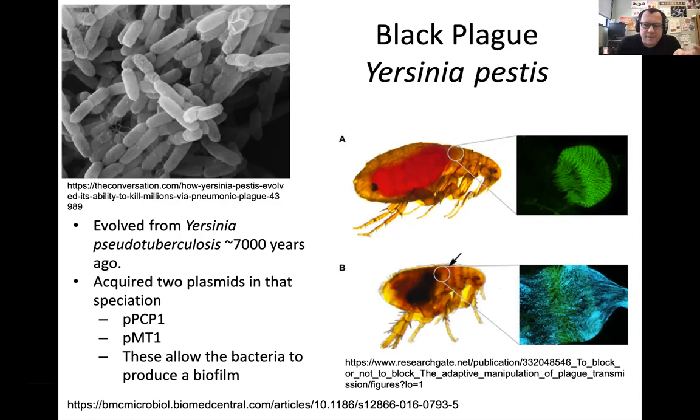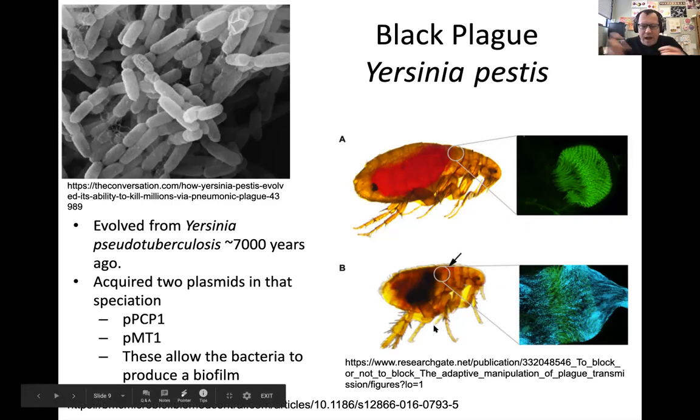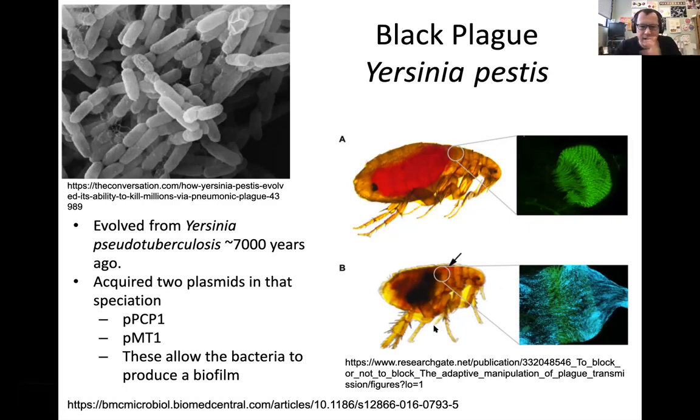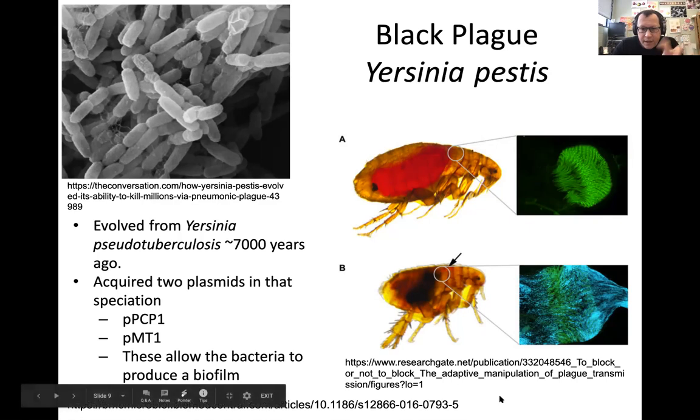And in that process, it's spreading the disease very rapidly because the flea wants to keep hopping off and going and eating other organisms. And so it goes from organism to organism very quickly. That causes the spread of the bacteria. And it's that behavioral change that really caused the Black Plague.